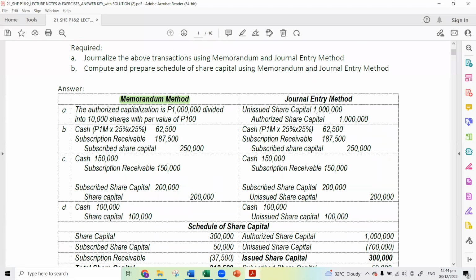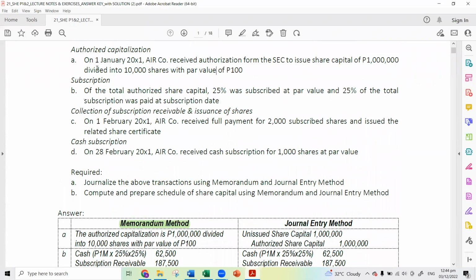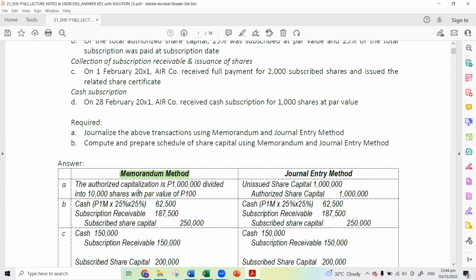When we say authorized share capital, this represents the maximum authorized capitalization. When we say authorized capital class, this represents the maximum number of shares fixed in the entity's authorized articles of incorporation. That can be what? That can be subscribed and issued to shareholders.